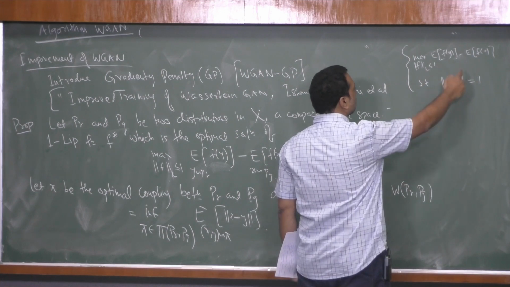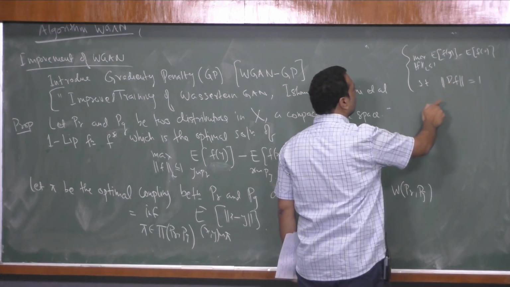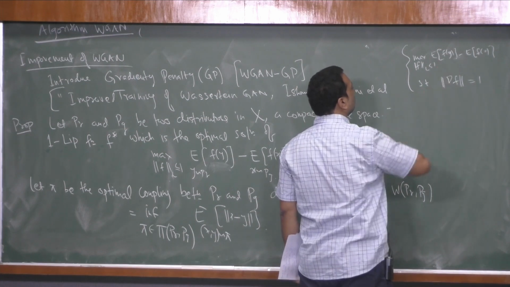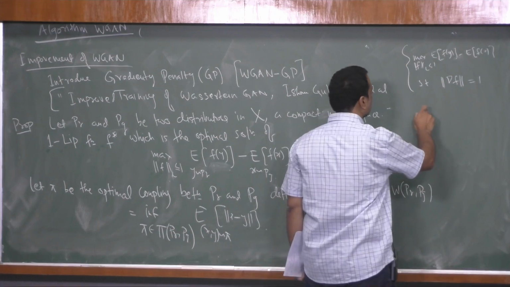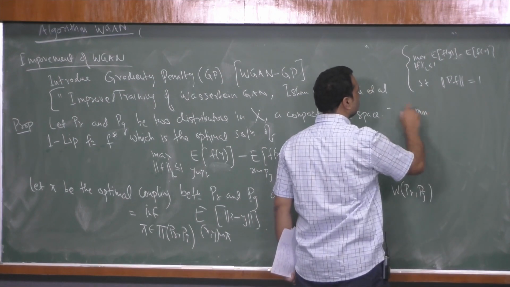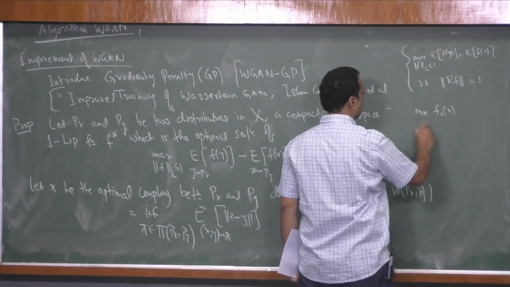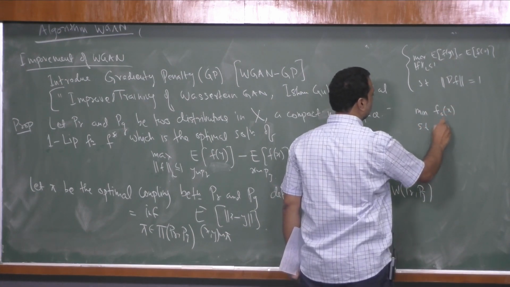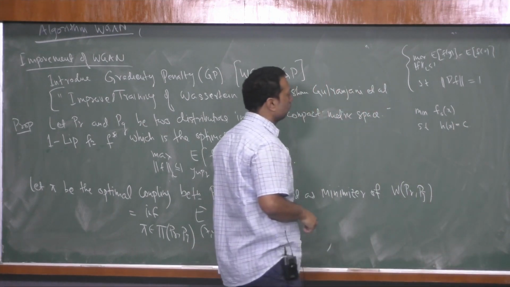But sometimes when you have constraints like this in an optimization problem, you can add the constraint here. So in general, let us say min of f naught x subject to hx equals c. This is my optimization problem.